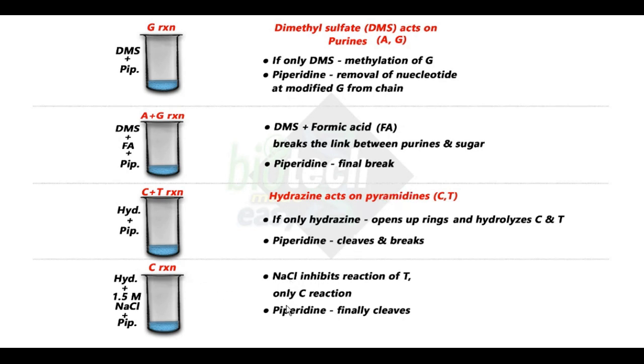Then because we have added NaCl also, NaCl inhibits the reaction of T. So only the C reaction will take place. That's why you can see the C reaction here. And then the role of piperidine, you already know it will finally cleave the chain. So these are the four reactions which are taking place in the presence of four different chemicals.